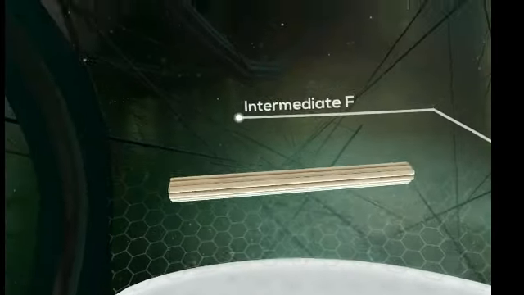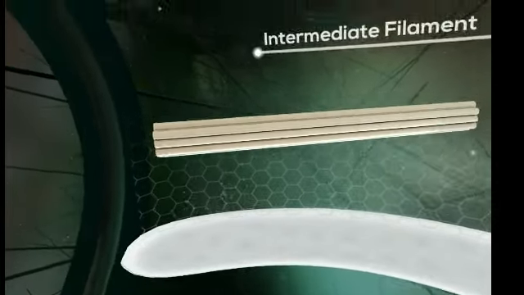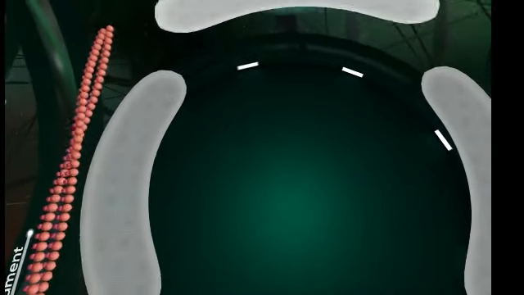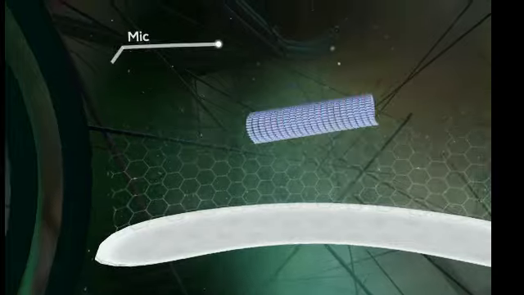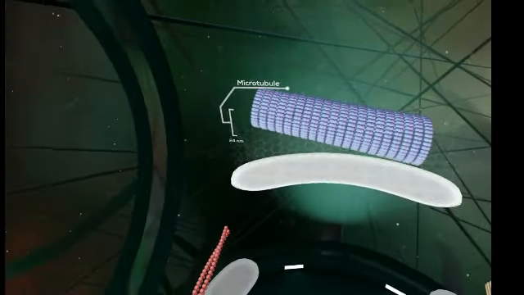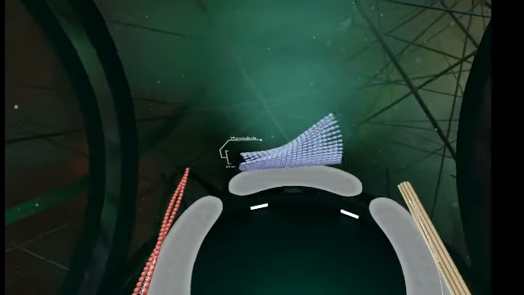Intermediate filaments are made of the protein actin and have a diameter of 10 nanometers. Lastly, microtubules have a diameter of 24 nanometers, which is wide enough to be used for transport.